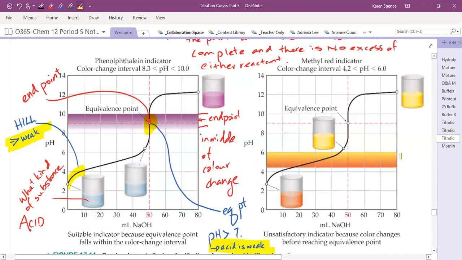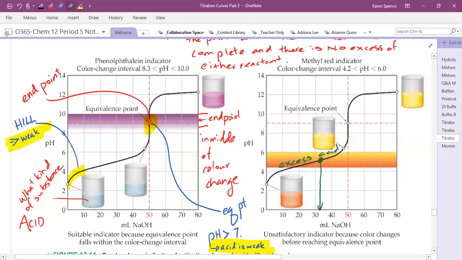Could we use methyl red as our indicator? Well, the answer is no, because methyl red is going to change color in the middle of its color change at a volume of 32 milliliters. At 32 milliliters, we have not neutralized all the acid. We still have excess acid.